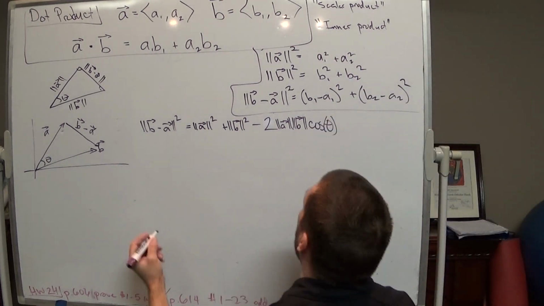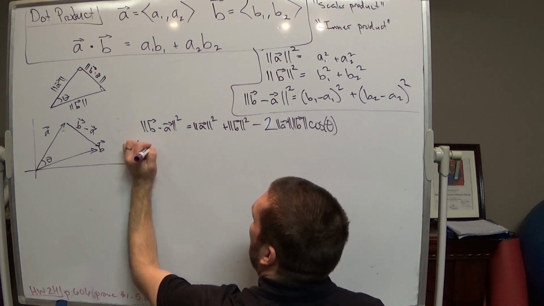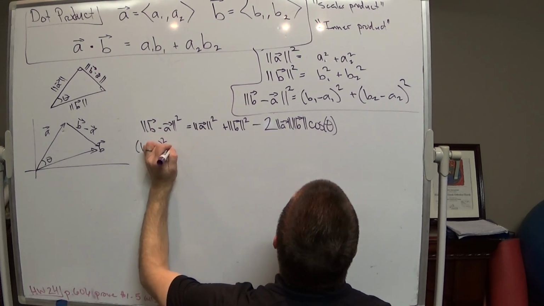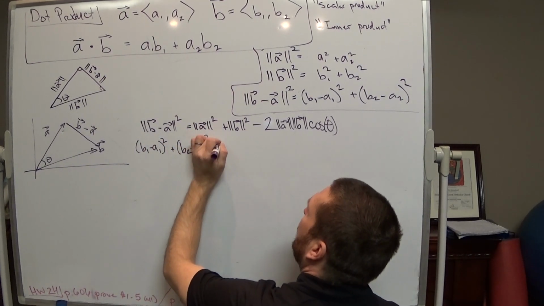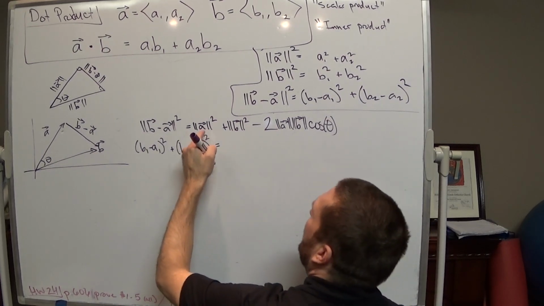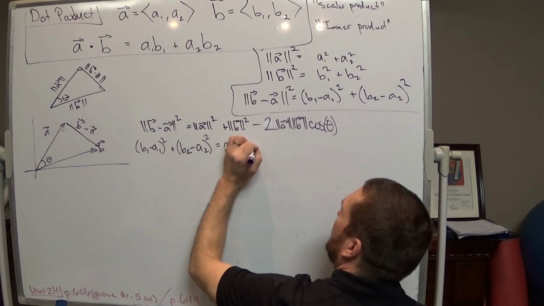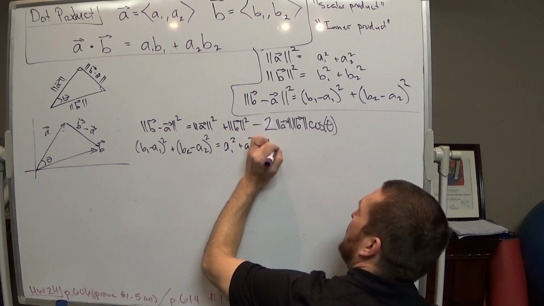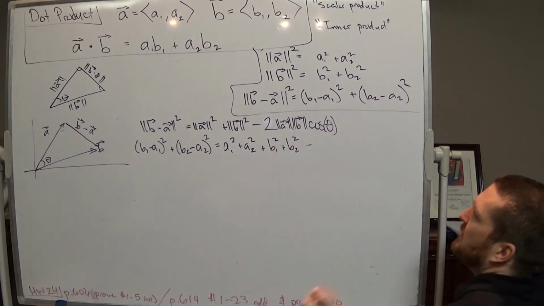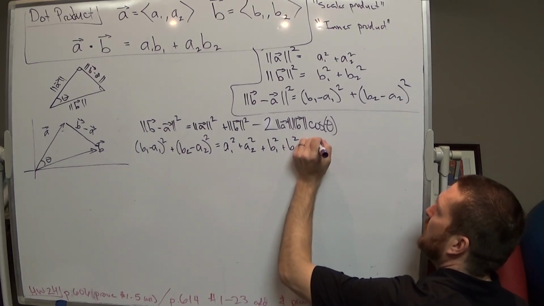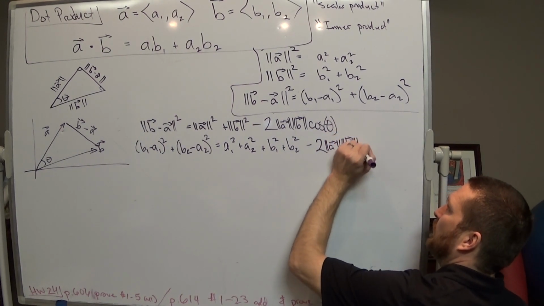We have this thing squared is b1 minus a1 squared plus b2 minus a2 squared equals the magnitude of a squared, which is a1 squared plus a2 squared, plus the magnitude of b squared, which is b1 squared plus b2 squared, minus 2 times magnitude a times magnitude b. You'll see why in a second.